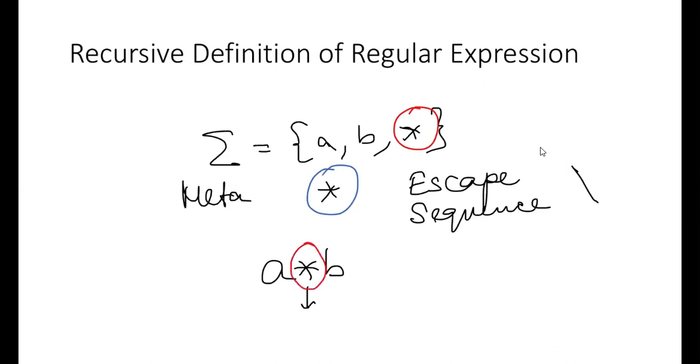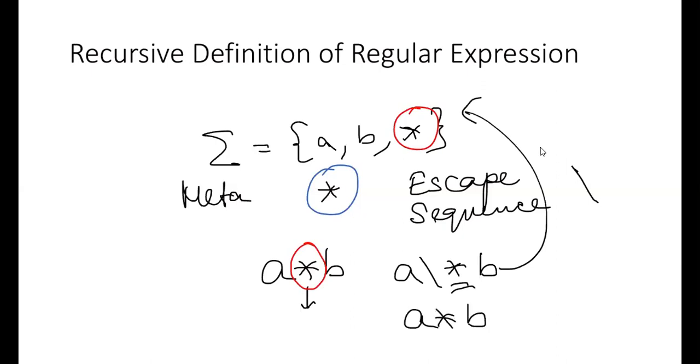Then we will have to write it as A, escape sequence, star, B. This means that the star used here is the symbol and not the meta character. But if I simply write A star B, then it means that this is the meta character. So that is about the escape sequence and how we write the regular expression.